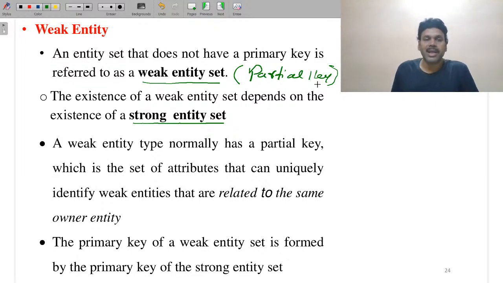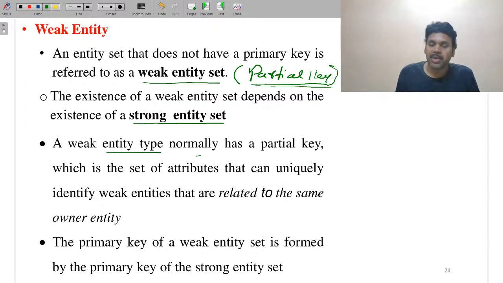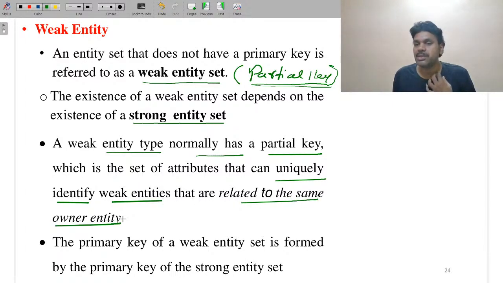So that is the reality of a weak entity. In order to maintain uniqueness, along with your partial key, you also require the key of another strong entity. So a weak entity type normally has a partial key which can uniquely identify weak entities that are related to some owner entities.